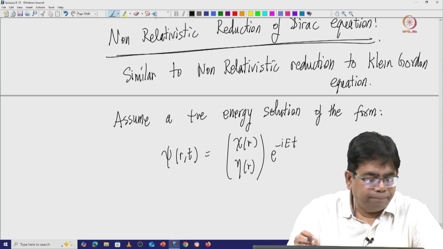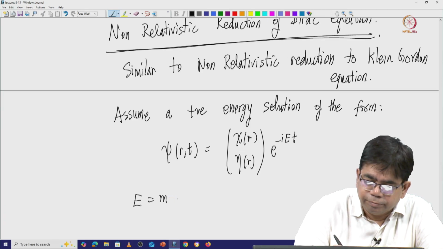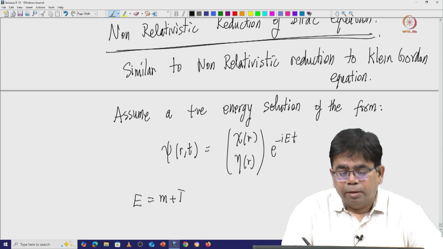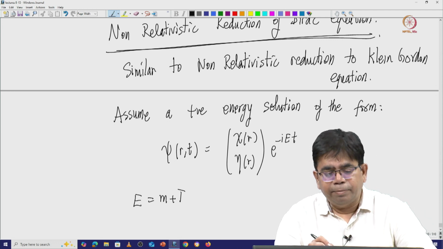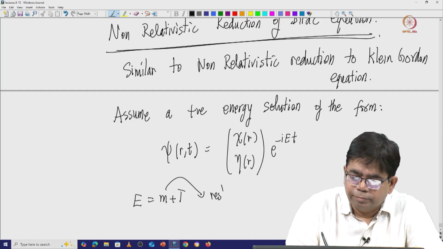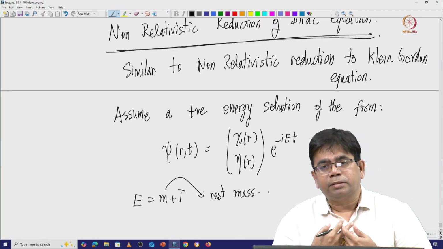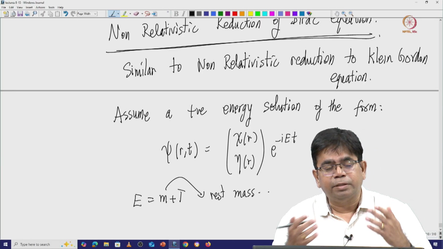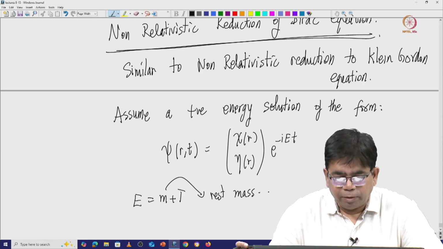Now, what is E? Here, the way I wrote it, m is the rest mass. There is no concept of rest mass in non-relativistic mechanics, because there is no relativistic mass either.